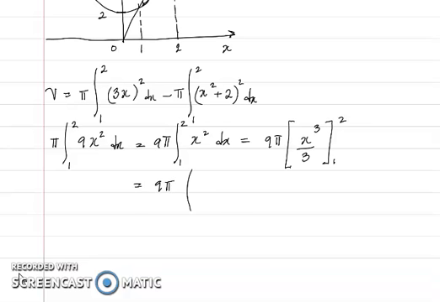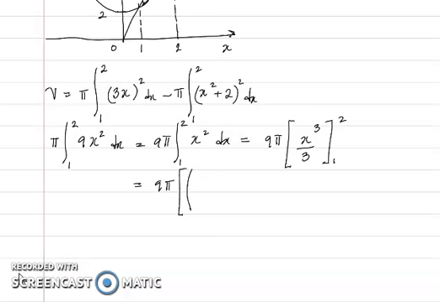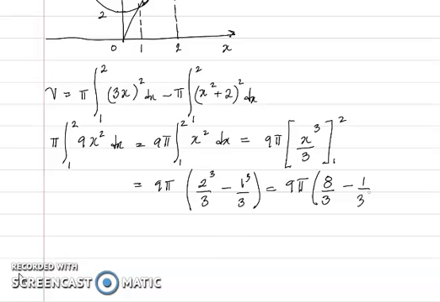Then I'm going to have in brackets 2 cubed over 3. Then I'm going to replace x with 1, cubed over 3. So what I have is 9 pi, and in brackets 8 over 3 minus 1 over 3.